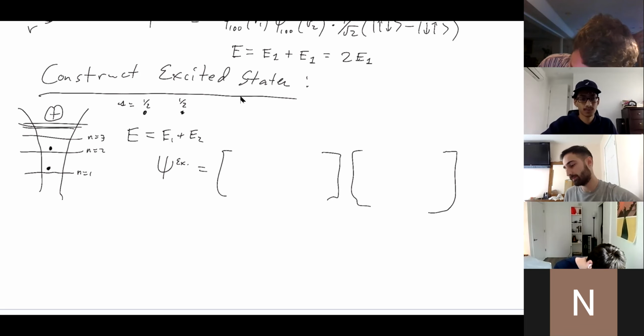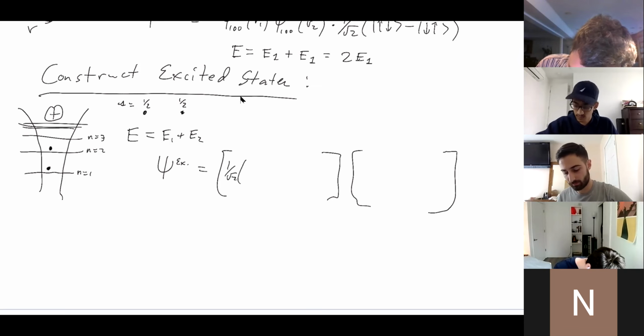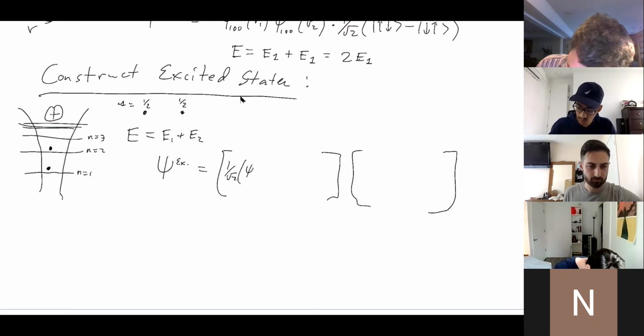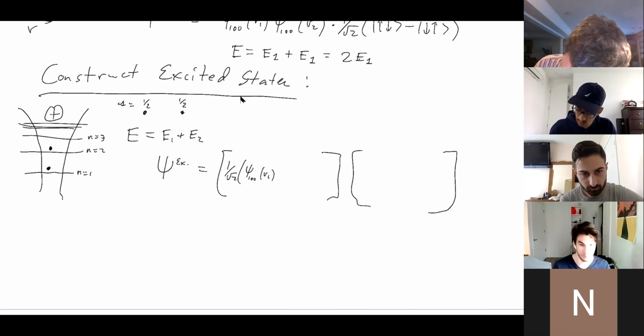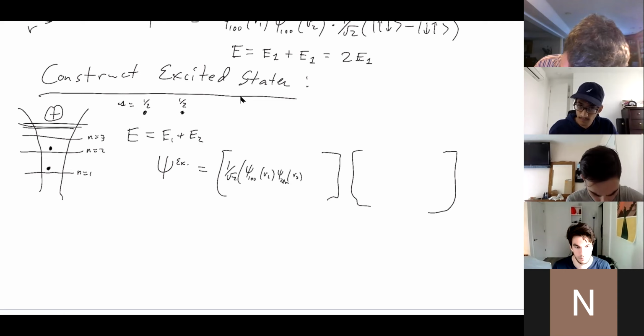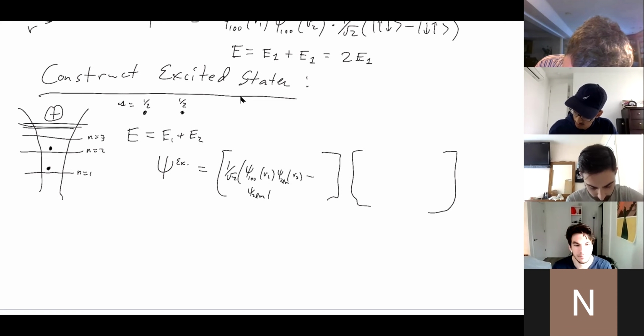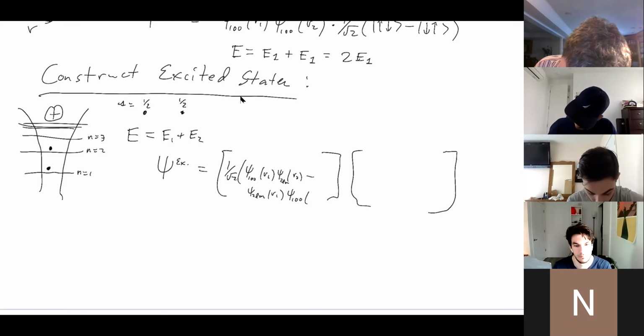So that's the lowest energy one. 1/√2 times psi 1,0,0 of R1, this is so tedious to write, psi 2 L M of R2, and now I've got to write minus psi 2 L M of R1 times psi 1,0,0 of R2.